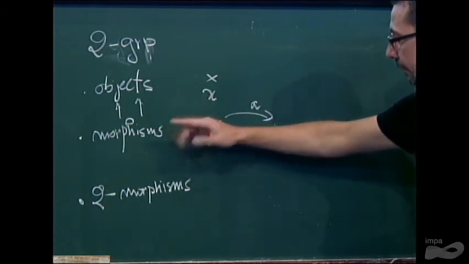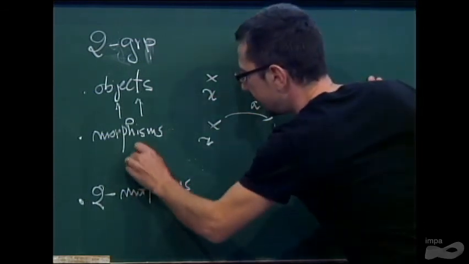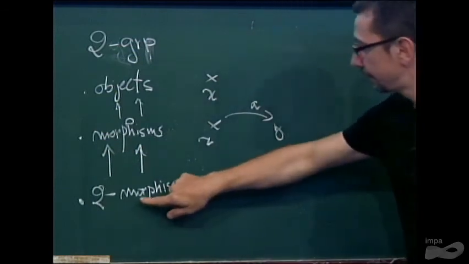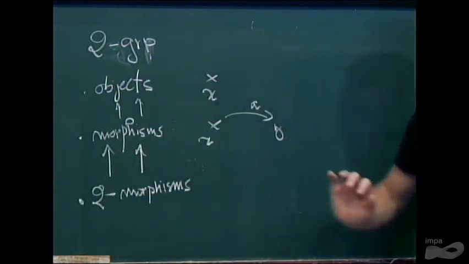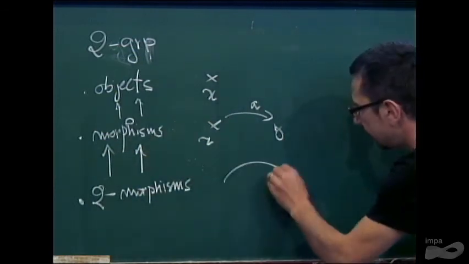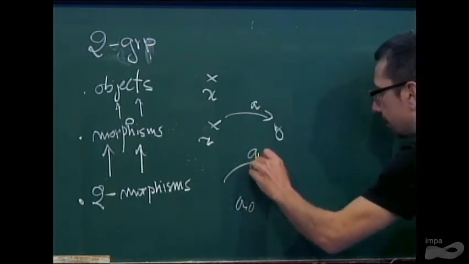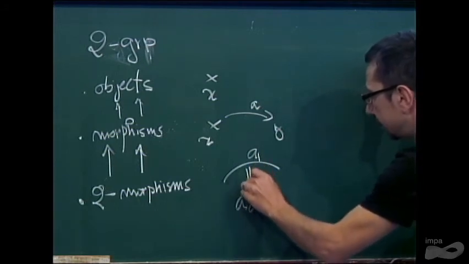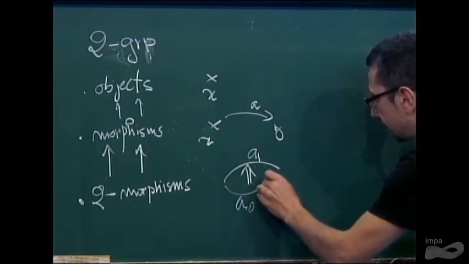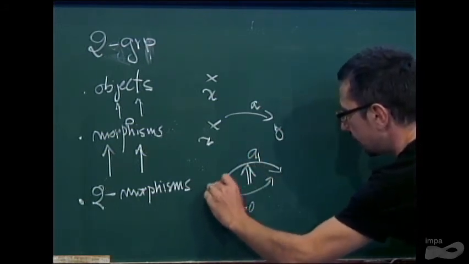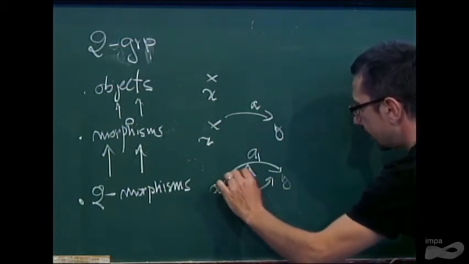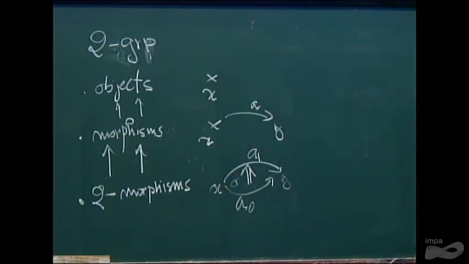The 2-morphisms, the extra layer that you add, you should think of them as arrows between morphisms. So I have an arrow A0, an arrow A1, and I'm putting an extra arrow between them, between X and Y, and I'm going to call this sigma.